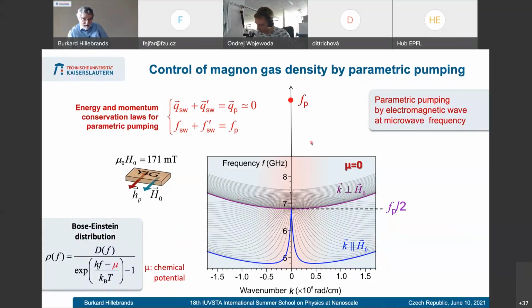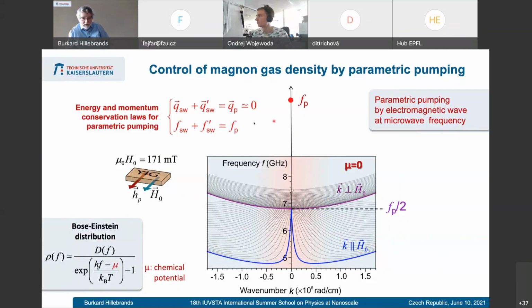Let me just show you how this could be done. Again, this is a dispersion picture you have seen before. I write down the condition for parametric pumping. It's actually always the same thing: we have conservation of momentum and we have conservation of energy, or frequency.